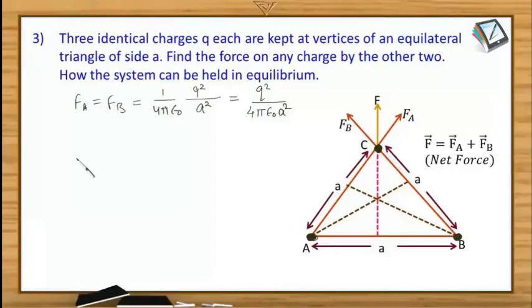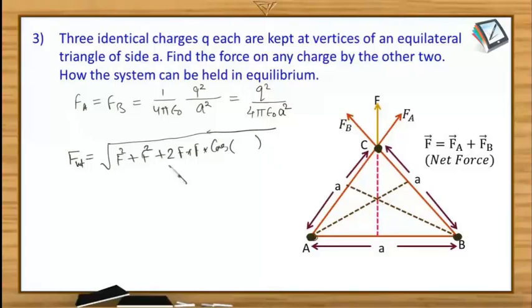So it is going to be what? F net is equal to under root of F square plus F square plus 2 times F into F into cos of the angle between the two forces. Here F stands for this value. It is say F. We can use this value later on, but for now you have to tell what is to be written here for the angle between the forces.